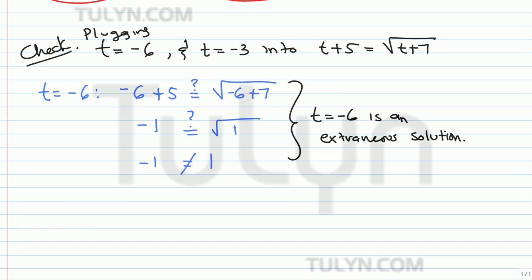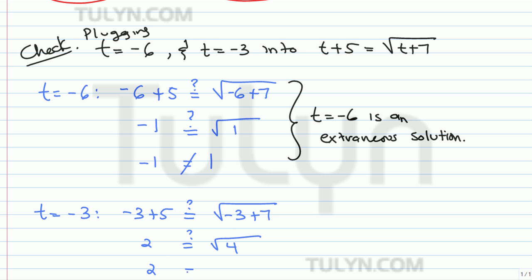So now you check t equals negative 6. Let's check t equals negative 3. So you want to see if negative 3 plus 5 is equal to the square root of negative 3 plus 7. Negative 3 plus 5 is going to give us positive 2. And we want to see if that's equal to the square root of negative 3 plus 7, which is 4. And as it turns out, the square root of 4 is 2.